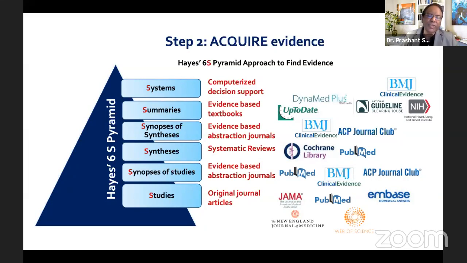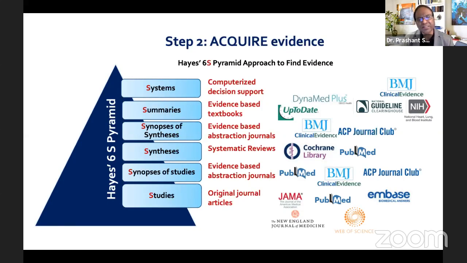You can go one level up, which is called synopsis of studies, which are nothing but a kind of summary of key findings of the single studies. They are usually published in PubMed, in BMJ Clinical Evidence, or in ACP Journal Club. Now, as more and more individual studies are published on a particular topic, these multiple studies can be combined together to form a comprehensive document, which is called a systematic review.